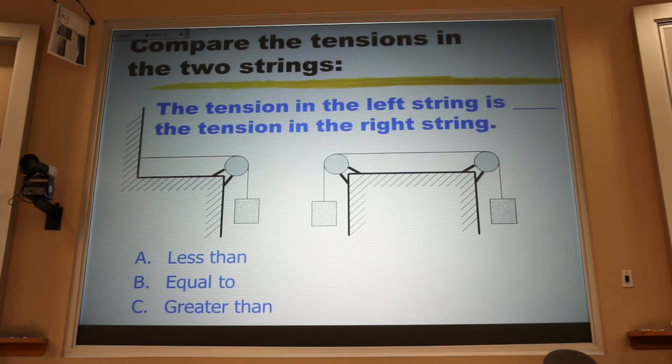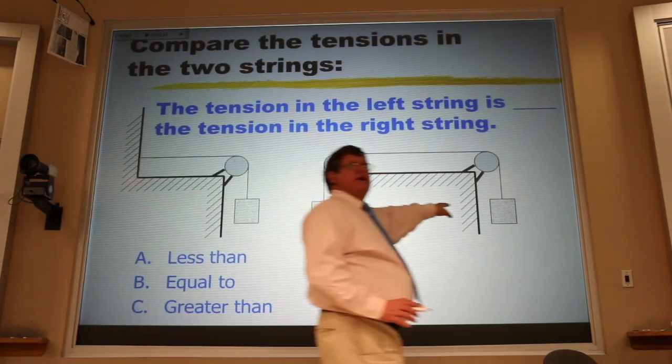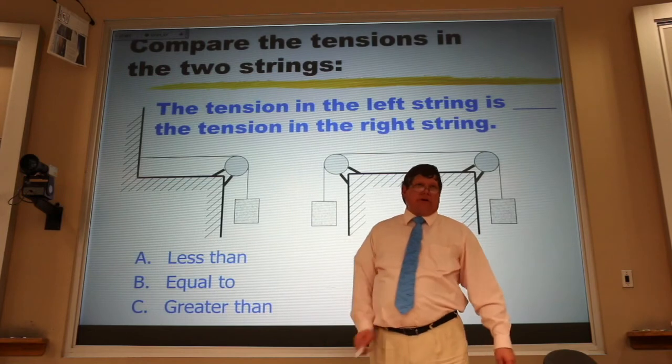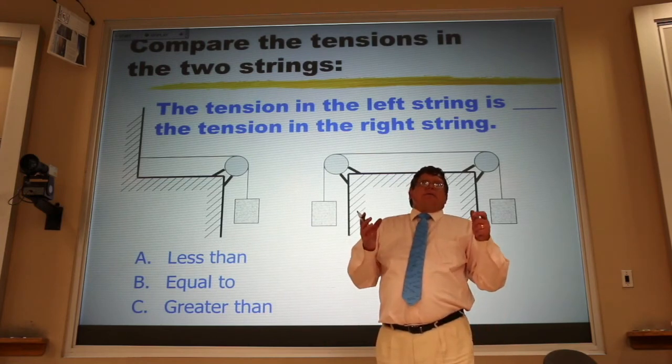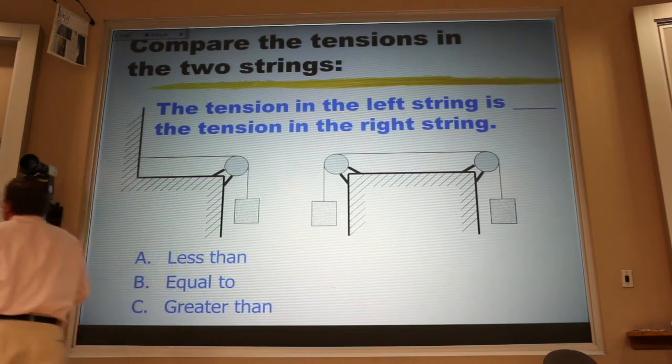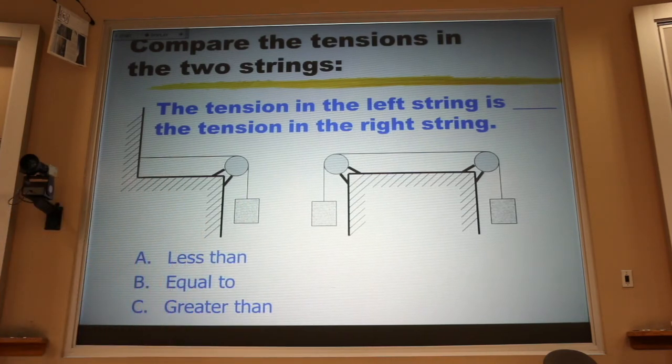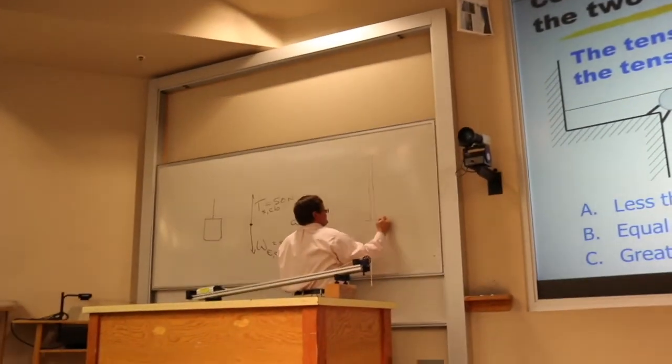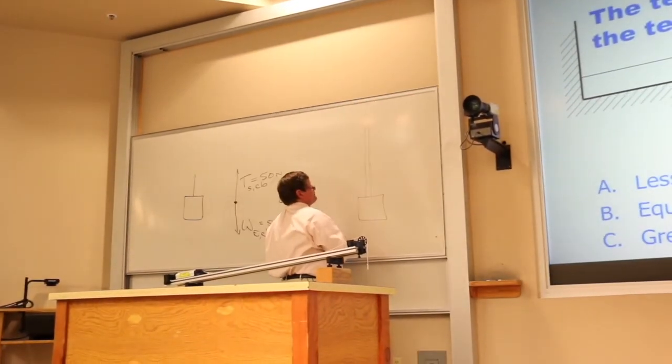Now, some of you are saying, but wait, Greg, this one's got 2 blocks pulling on it, and this one only has 1 block pulling on it. Well, the answer lies in how we define tension. If you take a rope, say that rope is supporting some mass.